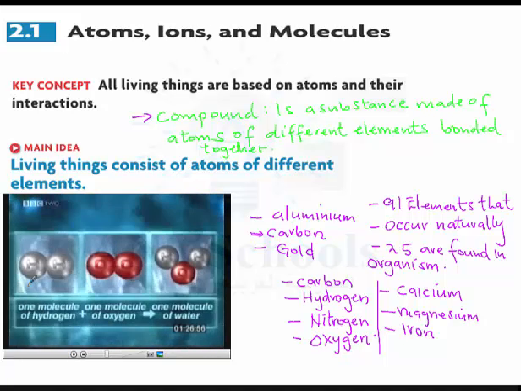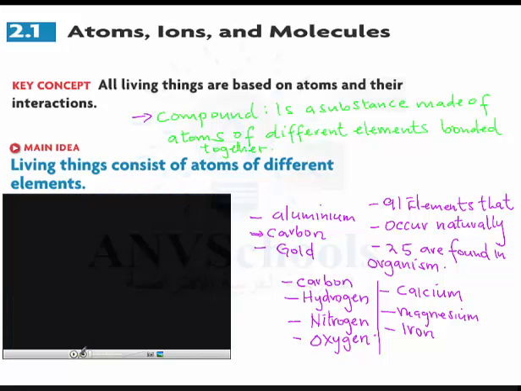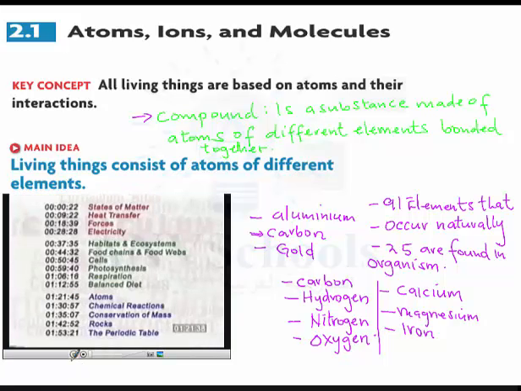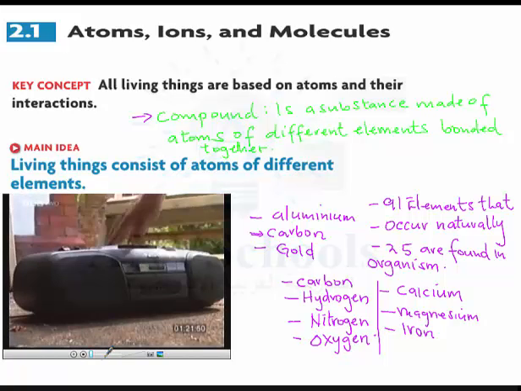So we might have compounds of different types, like here as you see.